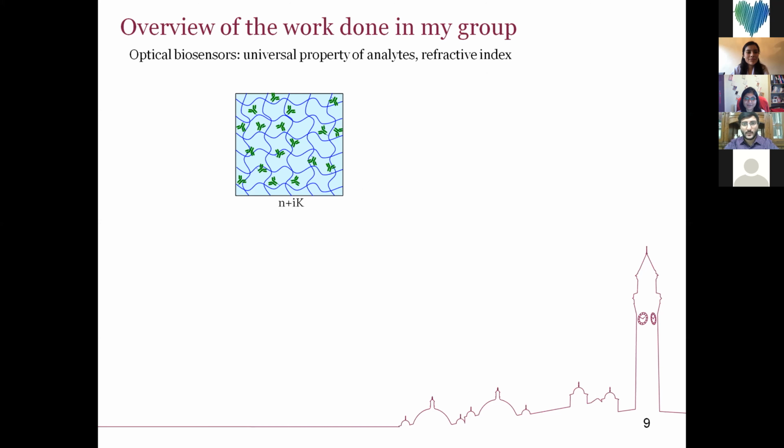All materials have refractive index, which is given by this symbol N, and is related to how dense a material is to light. So it's optical density. You can think of it that way. And there is an imaginary component which is related to absorbance of the material.